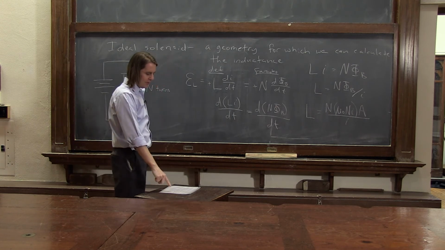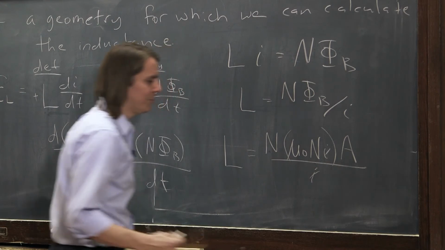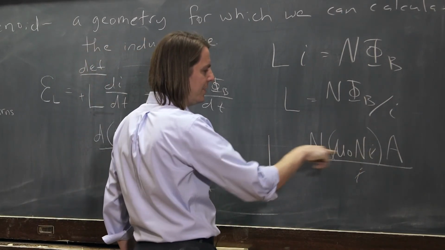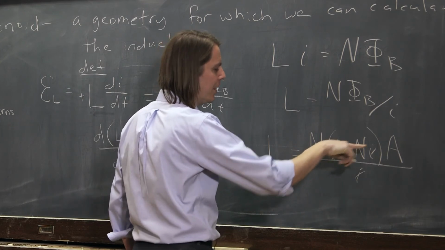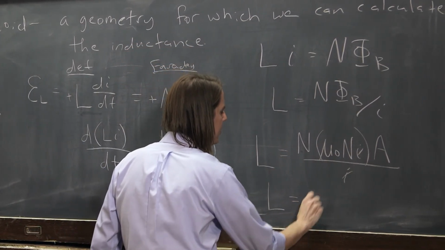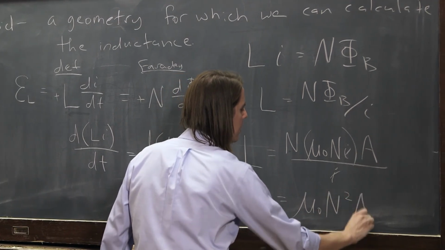And if we put all that together, then what's going to happen? Let's see. So the I's go away. That's good. The inductance shouldn't depend on the actual current. It should be a constant for the device. We have N squared here, mu naught and A. So the inductance for this ideal solenoid is mu naught, the total number of turns squared, times the area, over l.